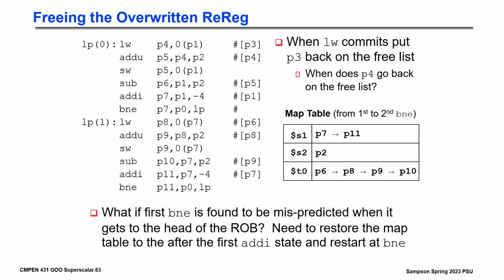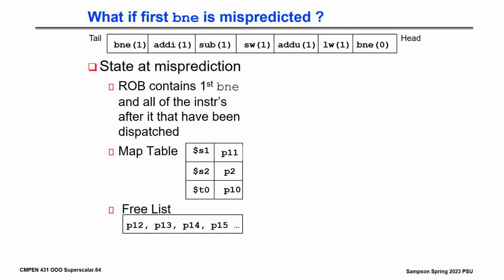We would restore everything to the state that things were in when this add-I had just been sent through rename. Actually, we don't even need to rename the branch itself, but it's sent to dispatch. So we restore everything to the state that things were in before we dispatched this branch. Flush everything behind it and continue.